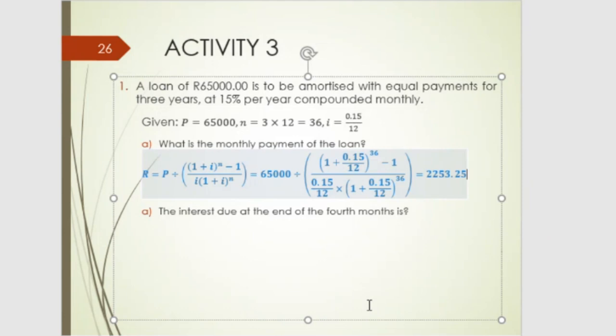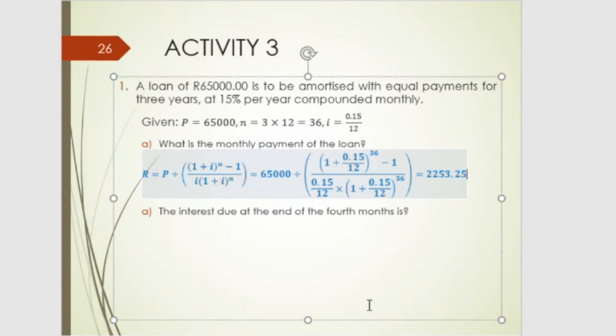Going down for another fraction, 0.15 divided by 12, multiplied by, open brackets, 1 plus as a fraction 0.15 divided by 12, close brackets to the power of 36.